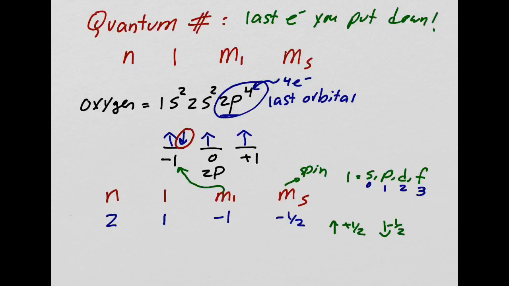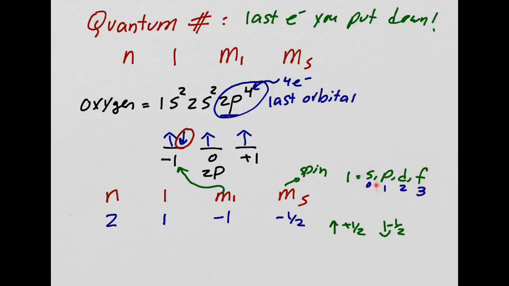Okay, so quantum number is for the last electrons you put down. You need to remember that. It's for the last electrons you put down. The last electrons you put down here is this one right here. It's N, L, M sub L, M sub S. N is your energy level. I'm in the second energy level. The last electrons I put down. L means do you have S, P, D, or F?